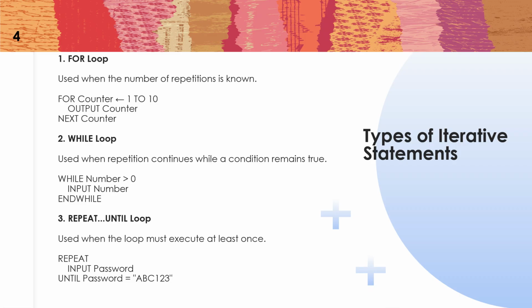So here the number of counts is not specified. Instead, the termination of this loop will depend upon a condition. The third one being the repeat until loop, which is used when the loop must execute at least once. This is mostly used in validation of the data, and we reserve it basically for data validation.